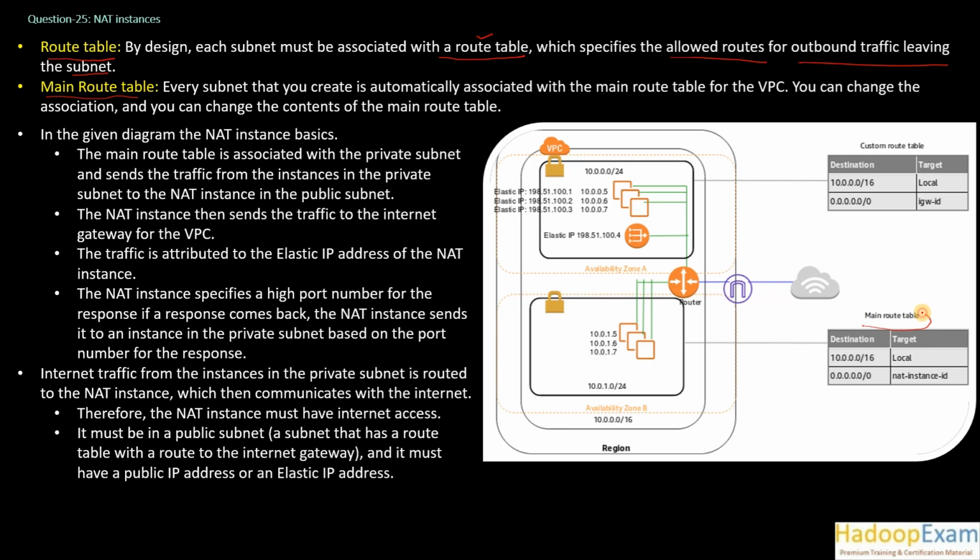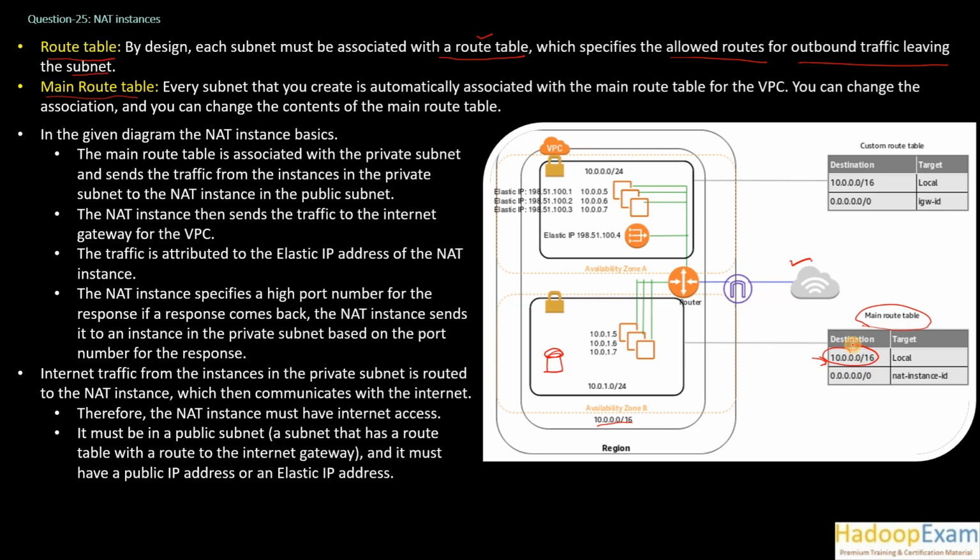If you see the routes inside this, let's assume my MySQL database is installed here, and I want to apply a patch on this database from the internet. This is my internet connection, correct. So what we are saying is, this is your 10.0.0.0/16, that is the main route table for the entire VPC. So any traffic destined to these IP addresses is local to the VPC, so in a VPC it can go to that host, correct.